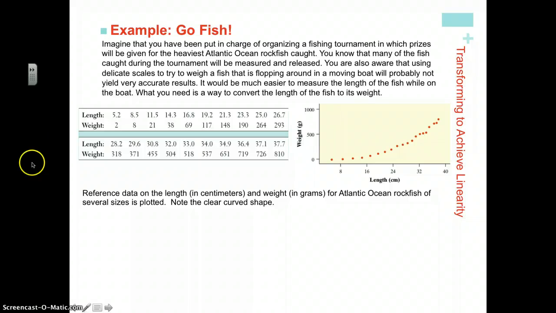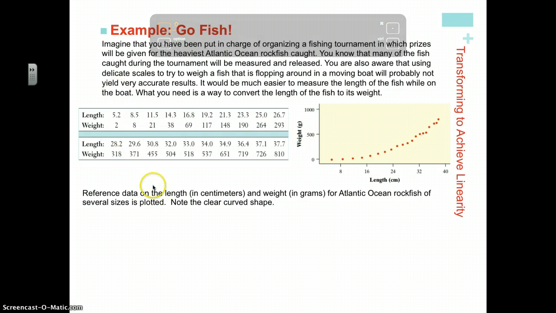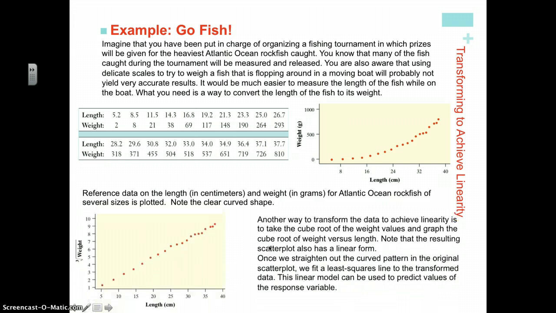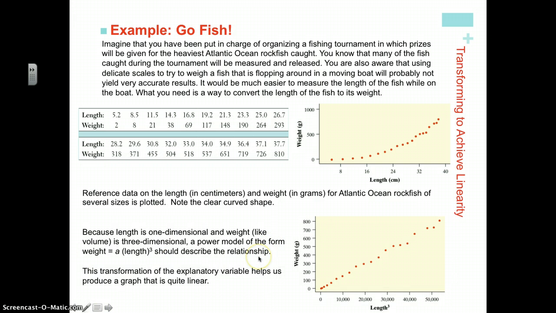Because length is one-dimensional and weight is three-dimensional, like volume, think of volume being like weight. So because weight is more three-dimensional, a power model of the form weight equals a times length to the third power should describe the relationship.